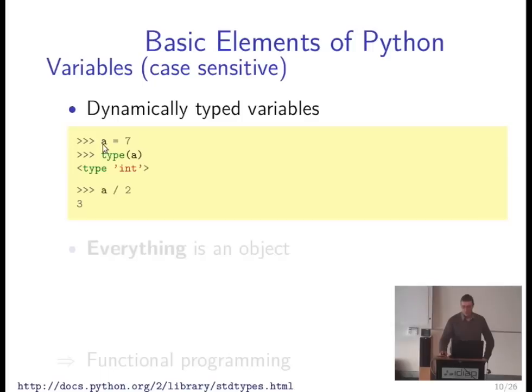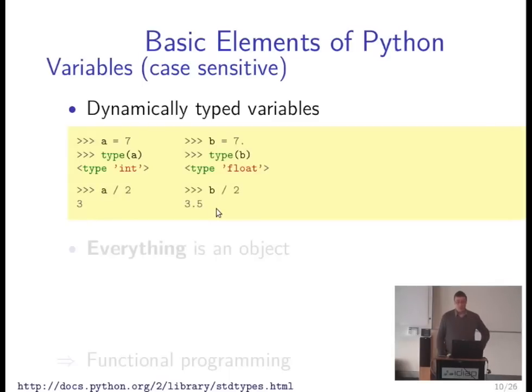So, for example, when you assign a 7 literal to a variable named a, and you ask for the type of that variable, then it will tell you int. And if you divide it by another int, let's say 2, then it will automatically take the integer division.